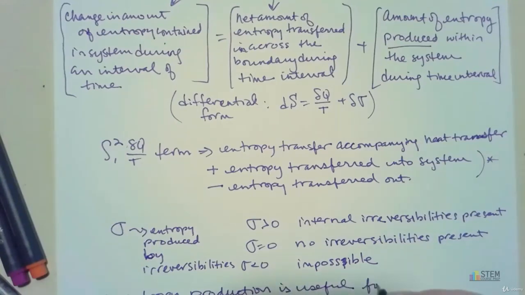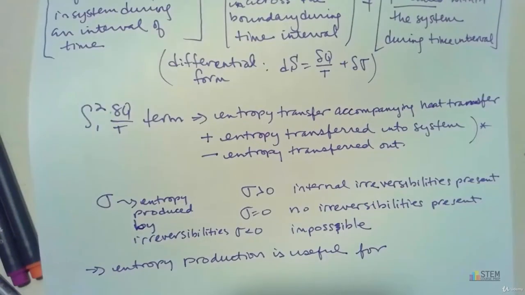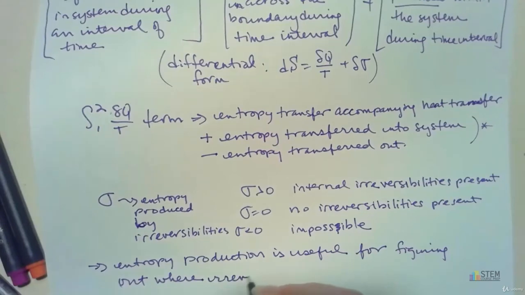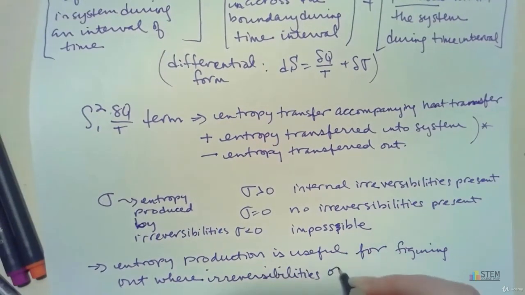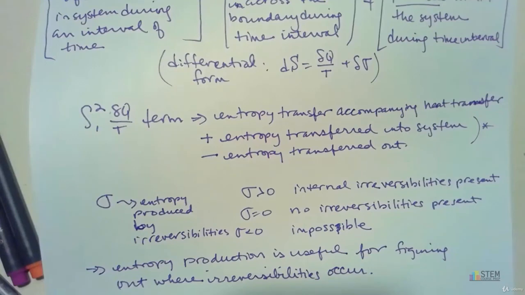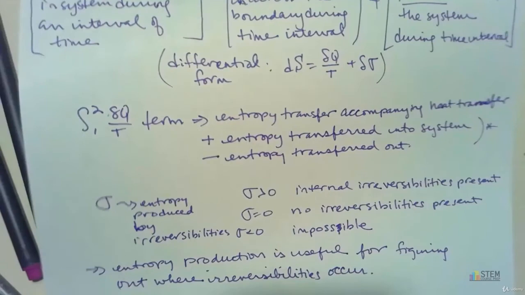It's useful for figuring out where irreversibilities occur. Okay, and again, that's because we have this information here. Okay, so that's the end of that section. Let's look at our entropy rate balance equation, and then we'll put it all together when we get to the examples.